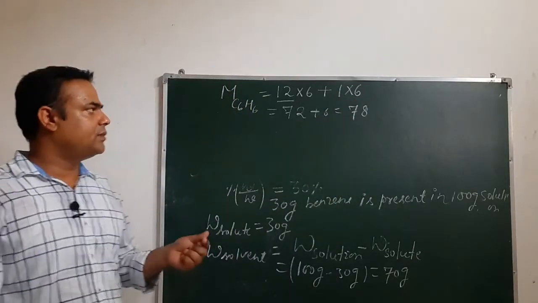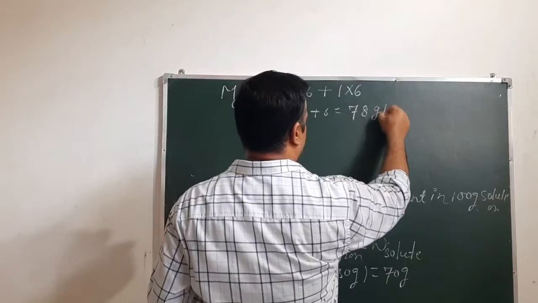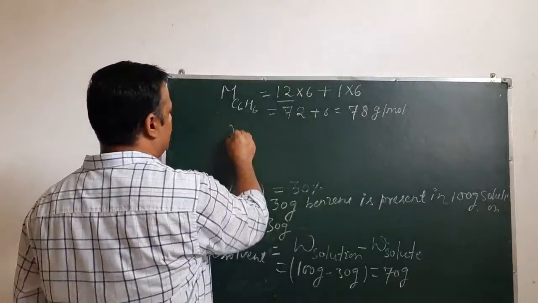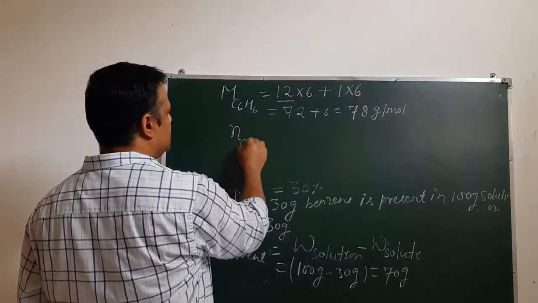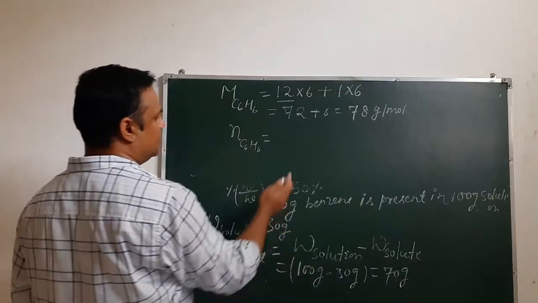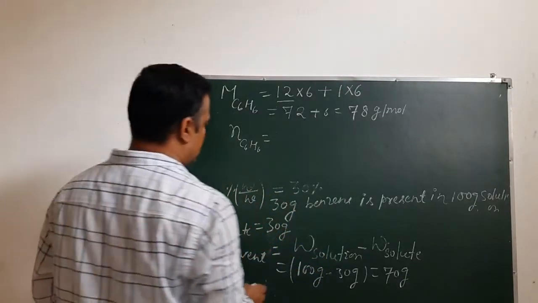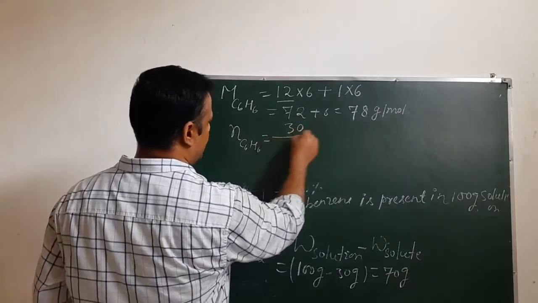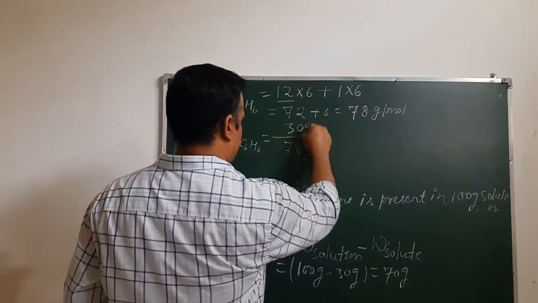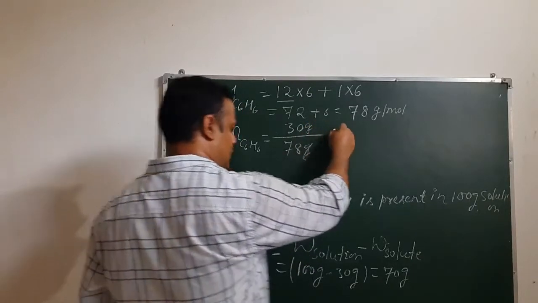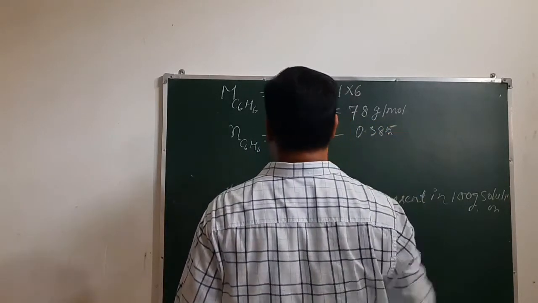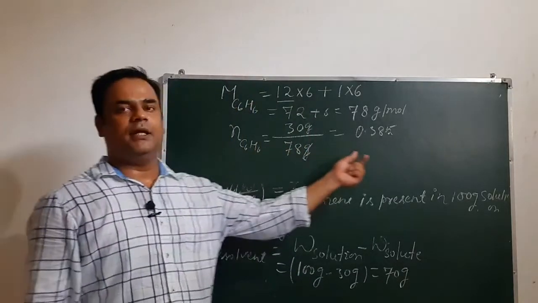We have molar mass 78 gram per mole. Now we have to calculate number of moles. Number of moles of benzene C6H6 will be given mass, here 30 gram, solute is benzene in this question. So 30 divided by molar mass of benzene 78 gram, gram will cancel out, and if we solve this, we'll get 0.385.